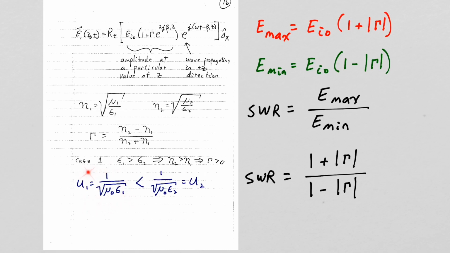So the velocity of the electromagnetic wave in material 1 will be slower than the velocity of the electromagnetic wave in material 2. The frequencies will be the same in both materials because the oscillation is coming from the incident wave, and so the wavelength in material 1 will be less than the wavelength in material 2.